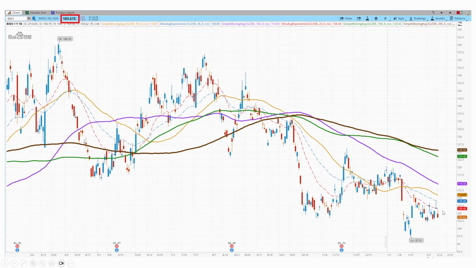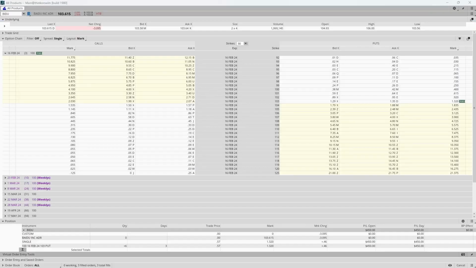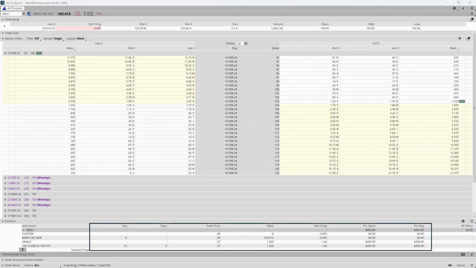So it's now at 103. So it's basically a $3 decrease. And from this $3 decrease, the option now costs $132. That's great. We made a little bit more than 100%. And so our trade was successful.